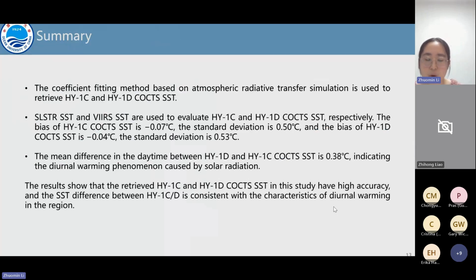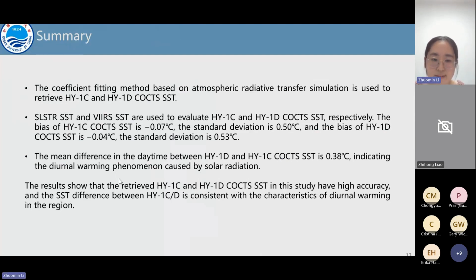The bias of HY-1C COCTS SST is minus 0.03 degrees. The standard deviation is 0.5 degrees. And the bias of HY-1D COCTS SST is minus 0.04 degrees. The standard deviation is 0.53 degrees.